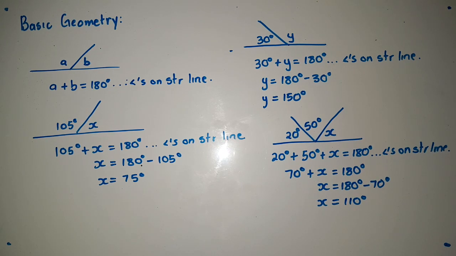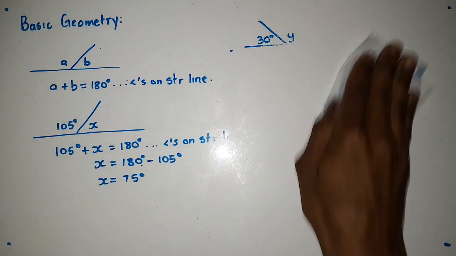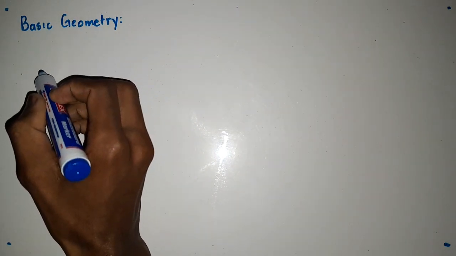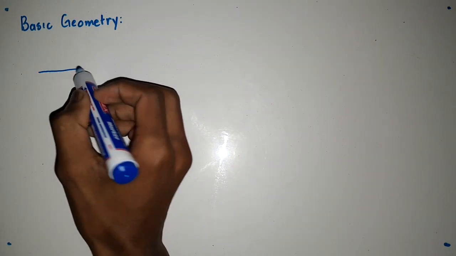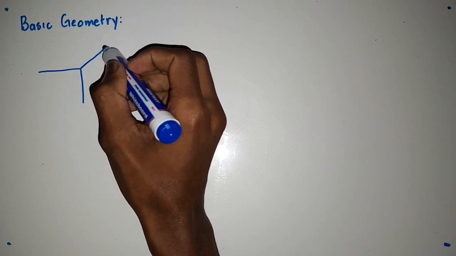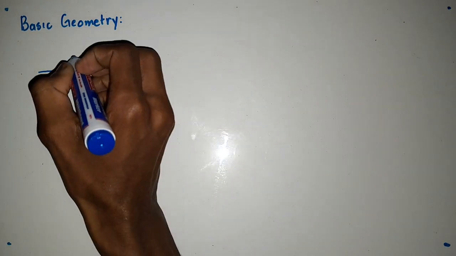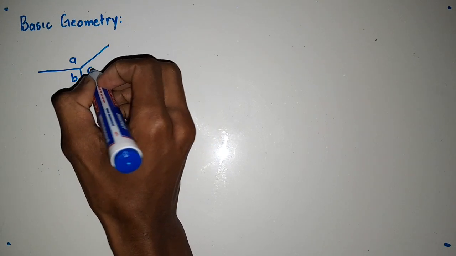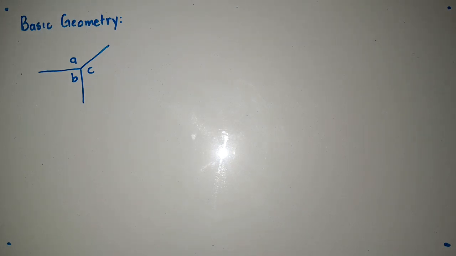Then now let me erase and continue. This concept is not difficult. Now what is going to happen if we have a situation like this? Let's say we have A somewhere here, B and C. We no longer have the straight line.